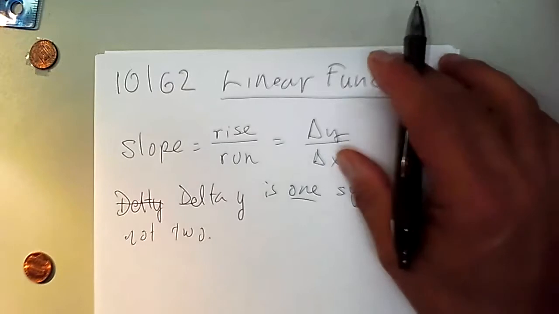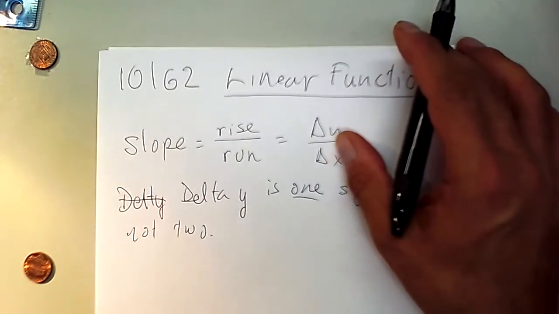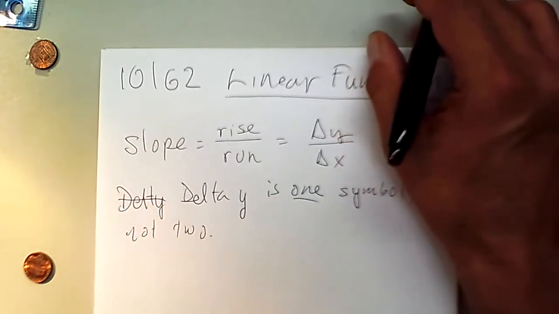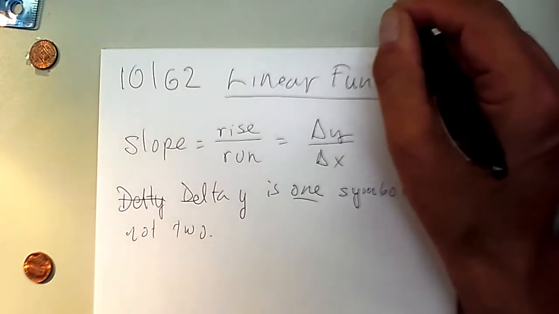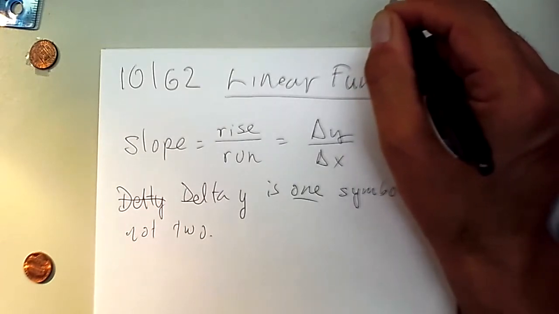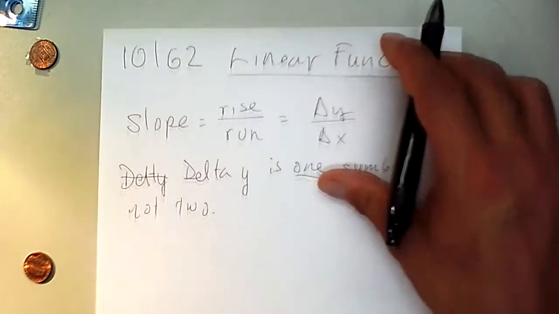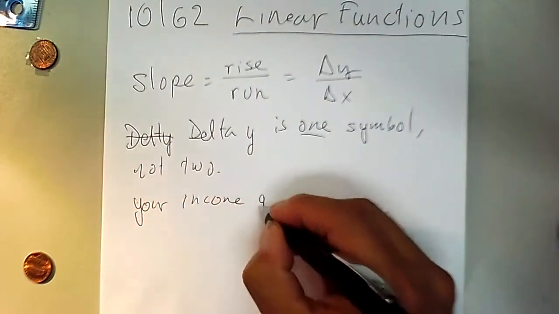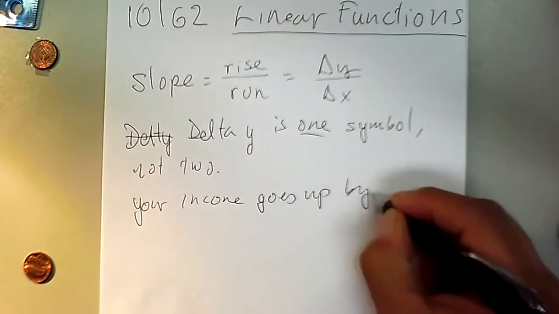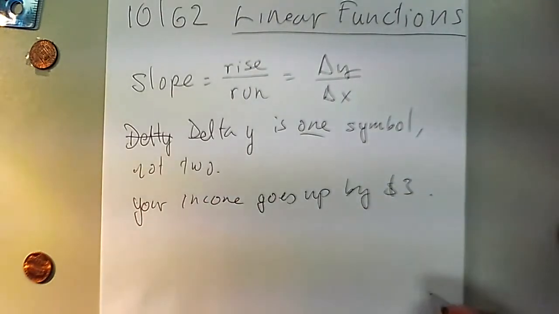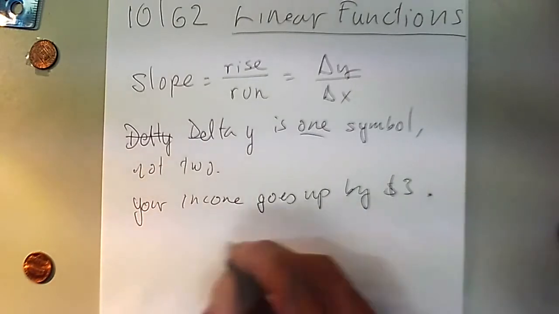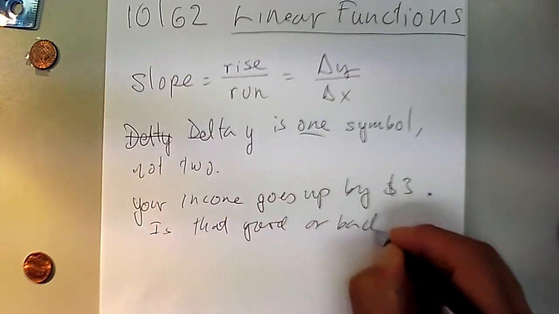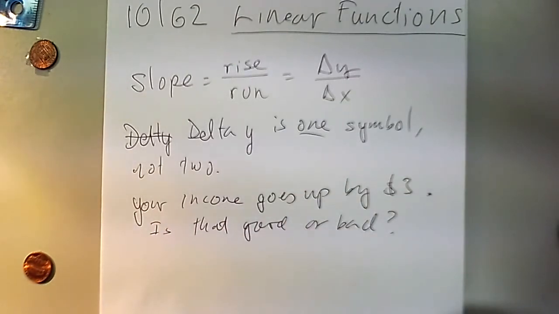One question I ask my students is, let's say somebody tells you that your income is going to go up by $3. Is that good or bad? Well, it depends.